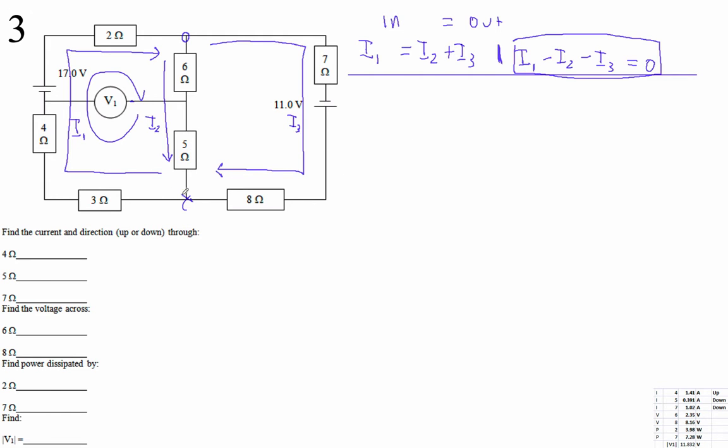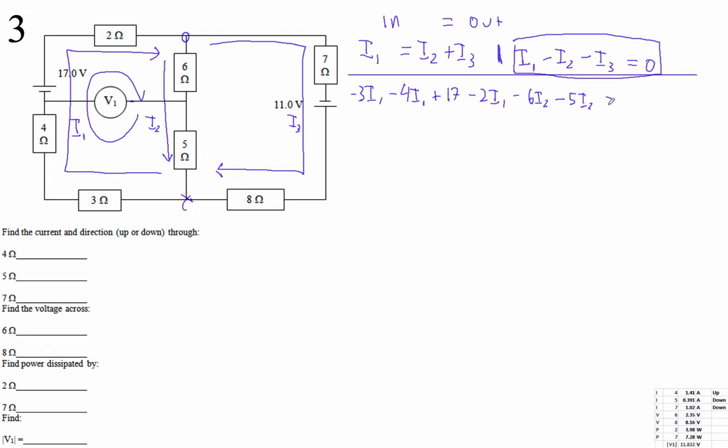So I've got negative 3I1 minus 4I1. Now we're going the right way through the battery, right? So that's plus 17, minus 2I1. Now minus 6I2 minus 5I2. And now we're back.